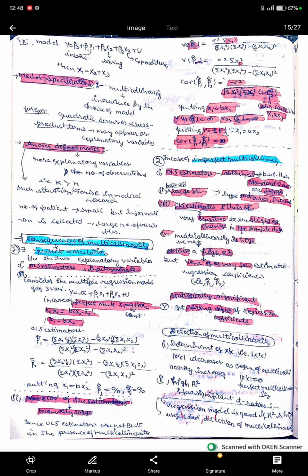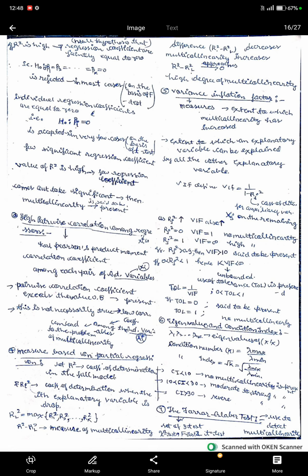If R square is high, the null hypothesis that the regression coefficients are jointly equal to 0, that is H naught: beta 1 equals beta 2 and so on equals beta k equals 0, is rejected in most cases on the basis of the F test.